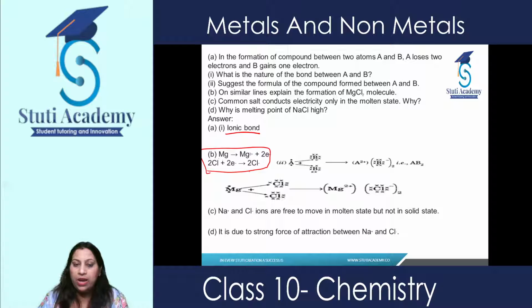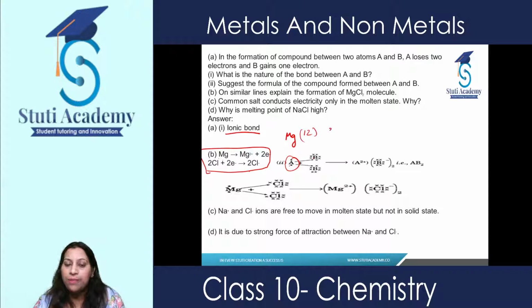So if A is losing, it means 1 A is there, Mg. The atomic number of Mg is 12, and the electronic configuration is 2, 8, 2. And if 2 B are here, it means it is giving 1 electron here and 1 here. So the formula is A2+ and B2-, or we can write AB2.